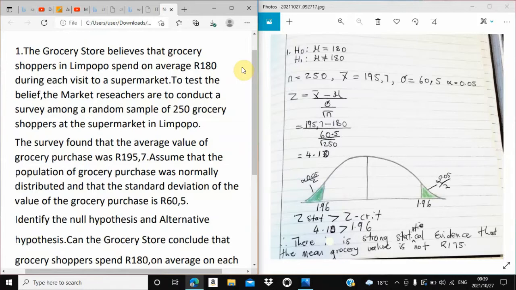In the hypothesis, we have the null hypothesis and the alternative hypothesis.